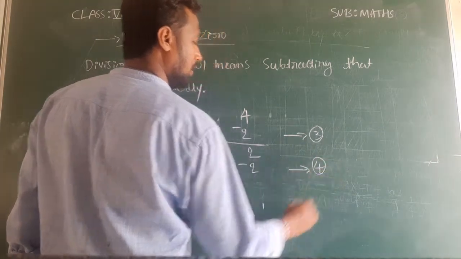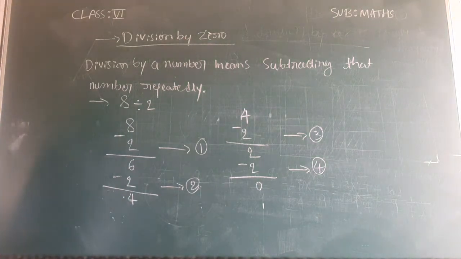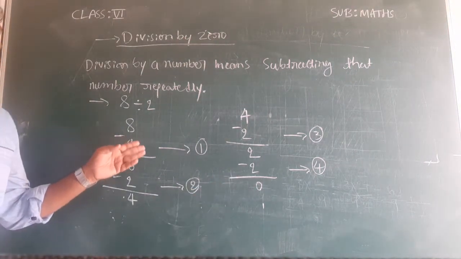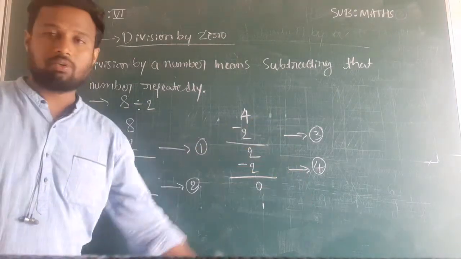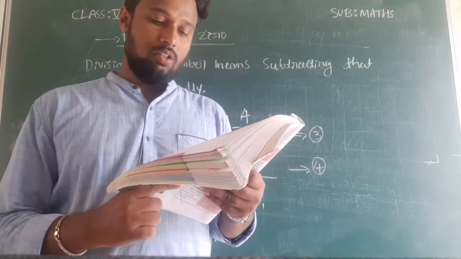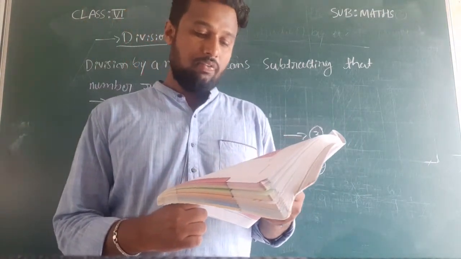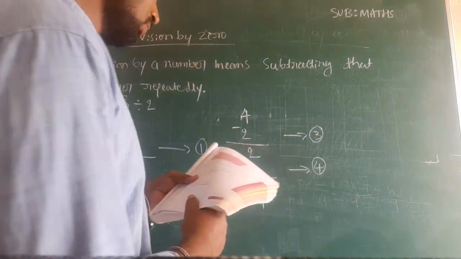This is the fourth time we are subtracting. 2 minus 2 means 0. Now the remainder we got is 0. Totally how many times did we subtract 2? 1, 2, 3, 4. 4 times. Therefore we write 8 divided by 2 is equal to 4.